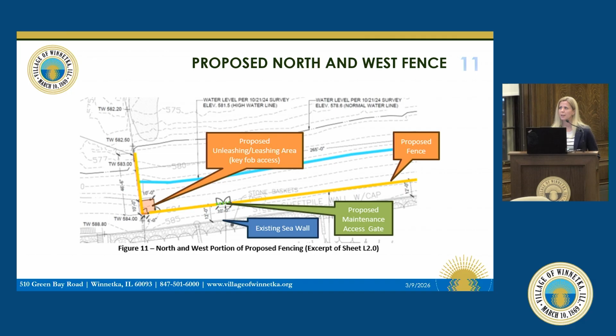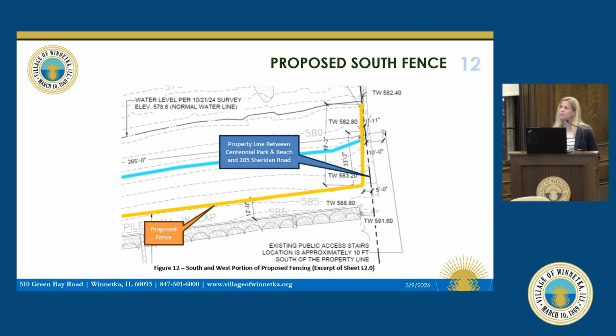And then approximately 20 feet of that would extend lakeward of the ordinary high water mark, which is represented here by the blue line. The extent to which the proposed fence would extend beyond the ordinary high water mark is reduced by approximately 20 feet in this amended plan compared to what was presented to the Plan Commission.